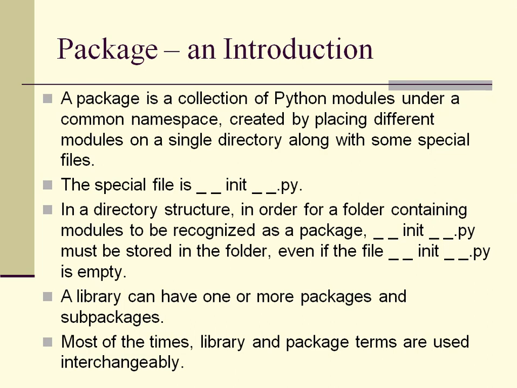It will not be treated as a package by Python. So to treat a folder as a package, this file dunder init dunder.py must be there in that folder. The basic difference between a general directory and a package is this file __init__.py. A general folder will not contain this file.